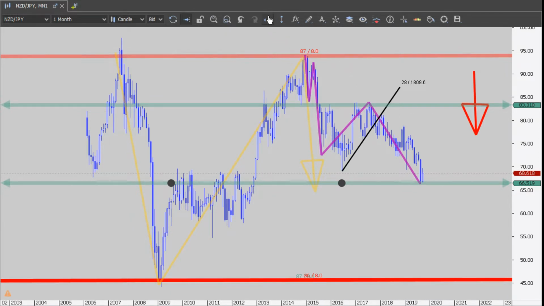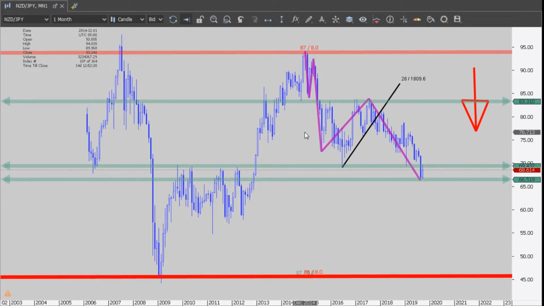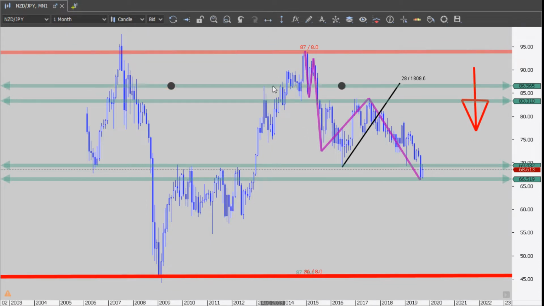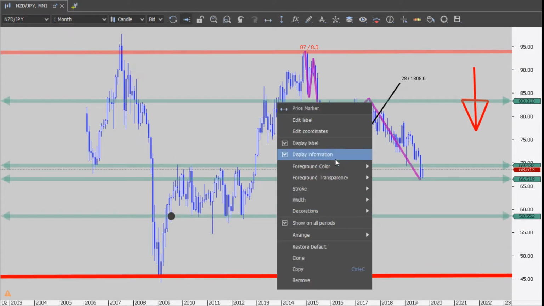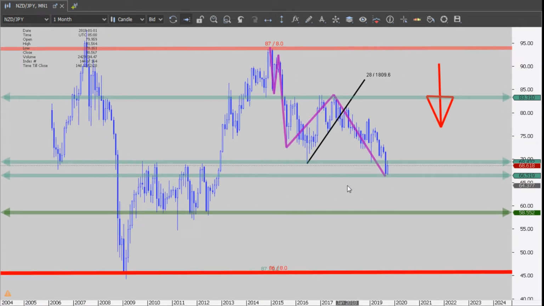And what else? Here the market reacted, right? So we have two pivot point areas. I'm going to delete this one, it's not relevant anymore. And we have support here, which is not that important right now. But the market is going up because it hit the pivot point area, technically speaking at least.